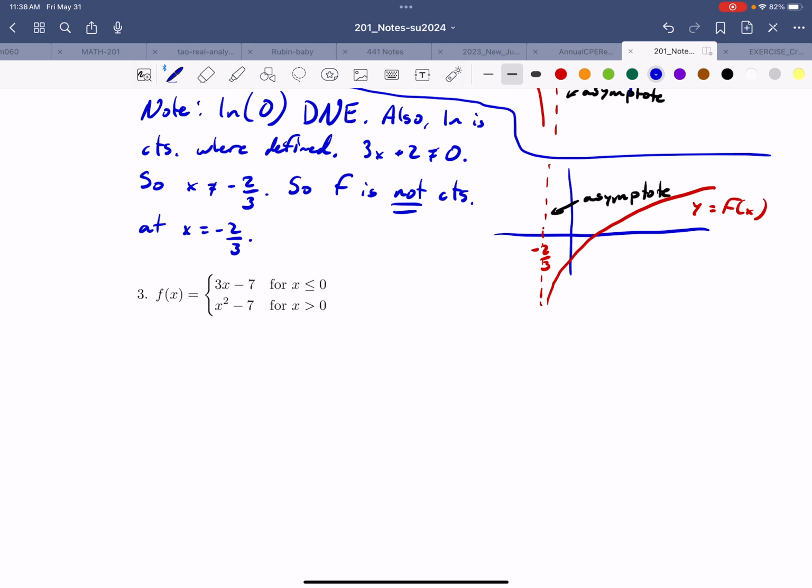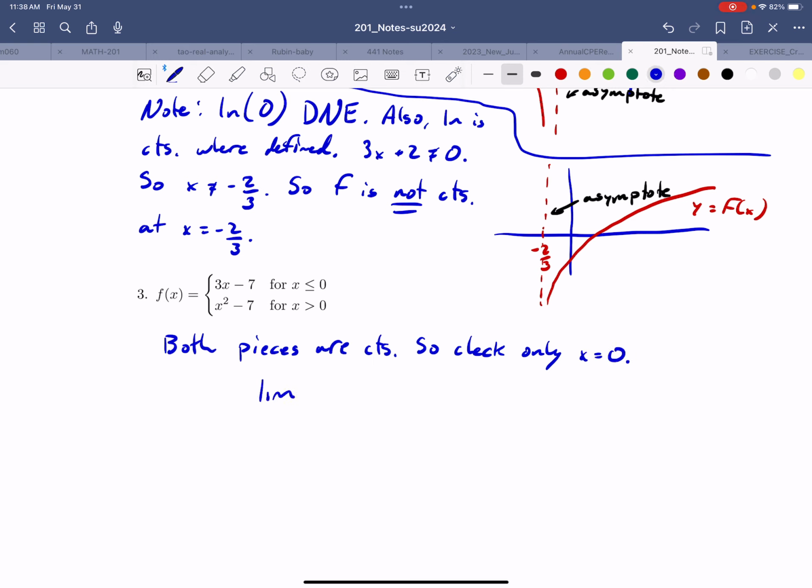Right, so let's see. We've got a piecewise function. Both pieces are continuous, so check only x equals 0.